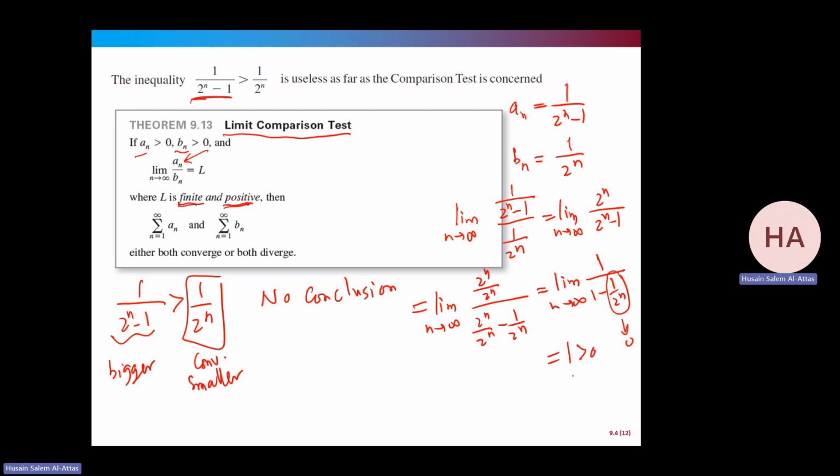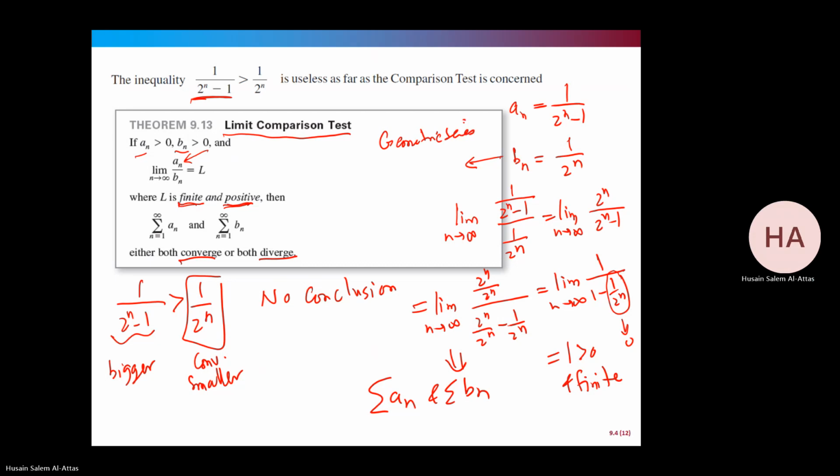That's what I need. That means these two series either both converge or both diverge. Both will do the same thing. And we know this bn is a geometric series where r equals half.